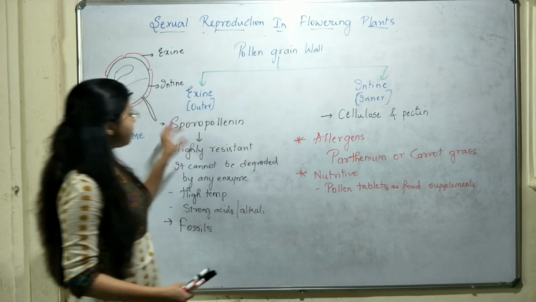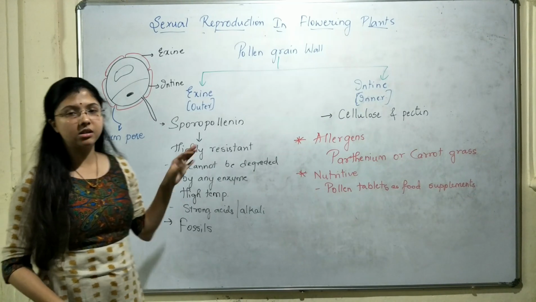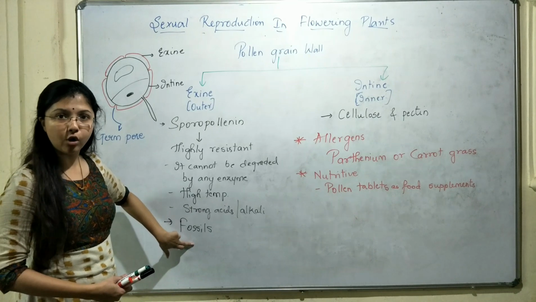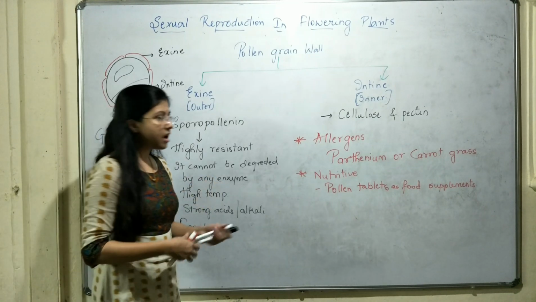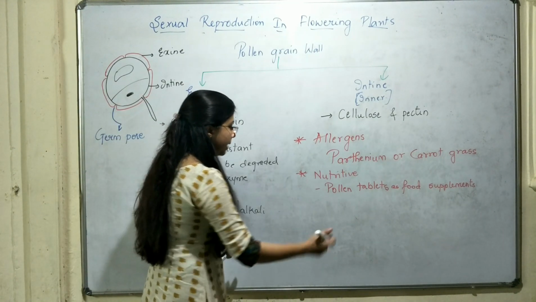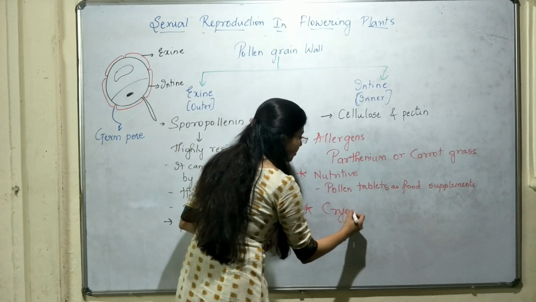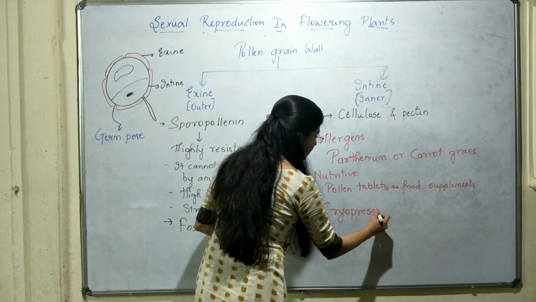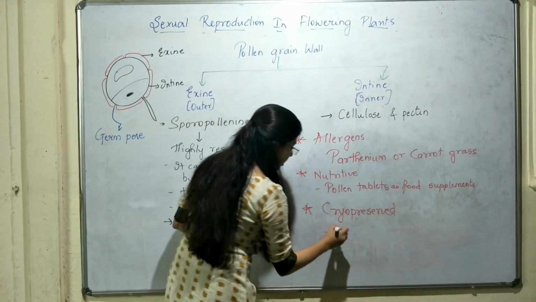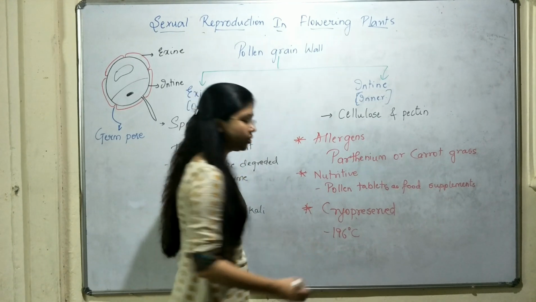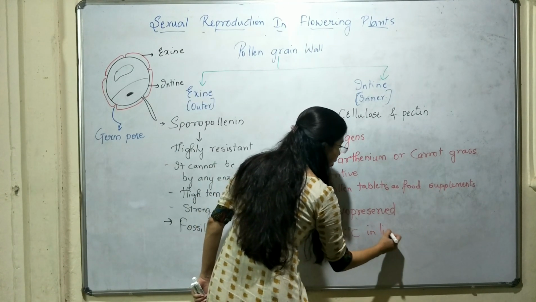Now, when we talk about sporopollenin being a highly resistant structure, we should also know that it can be preserved as fossil. There are also different ways that have been developed by scientists wherein the pollens are cryopreserved. Cryopreservation is nothing but storing the pollen grains at minus 196 degrees Celsius in liquid nitrogen.